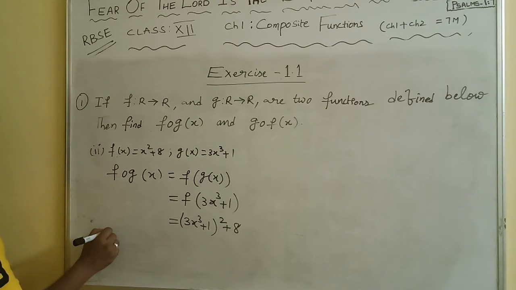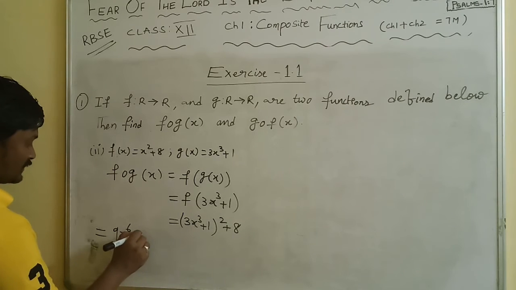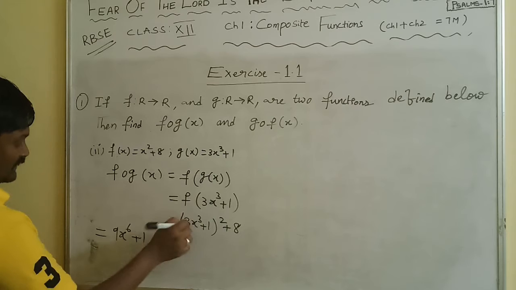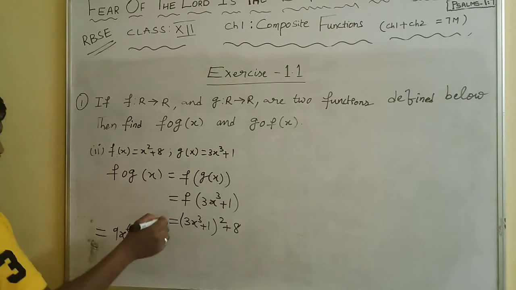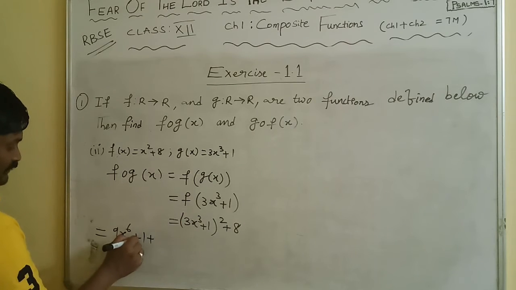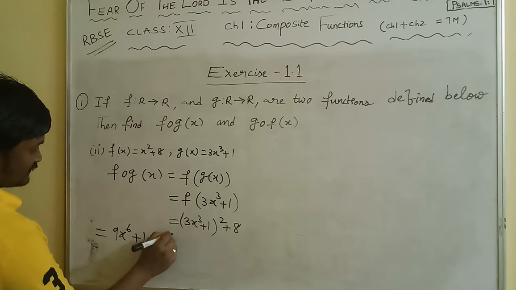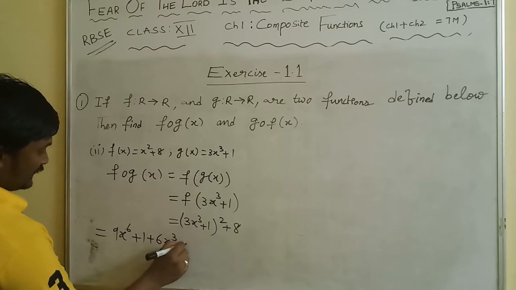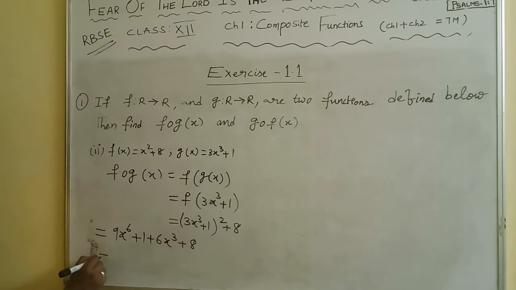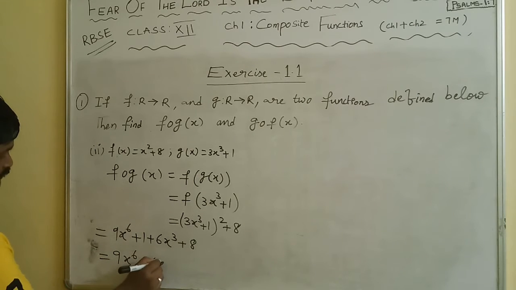First a square, so you can write 9x to the power of 6, plus b square is nothing but 1, because 1 square is 1, plus 2 into a into b. 2 3s are 6, 6 1s are 6, 6x cube, plus 8. So then when you write this, 9x power 6 plus 6x cube plus 9. So this is about f circle g.